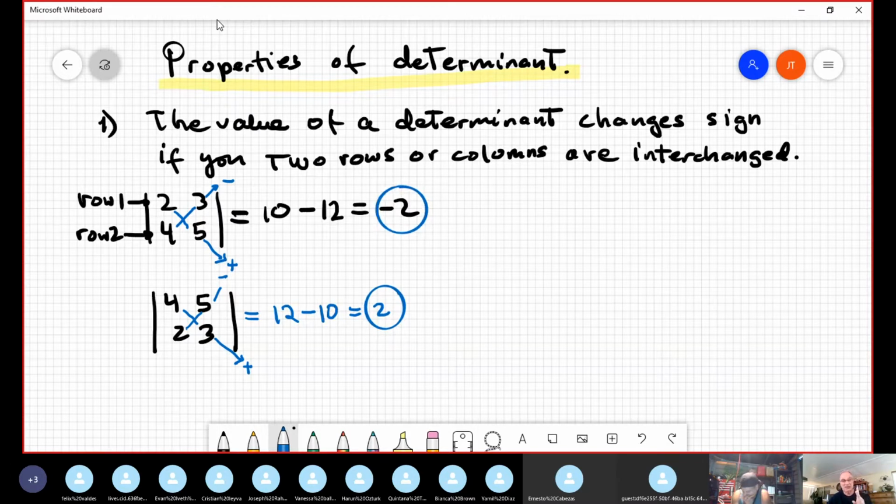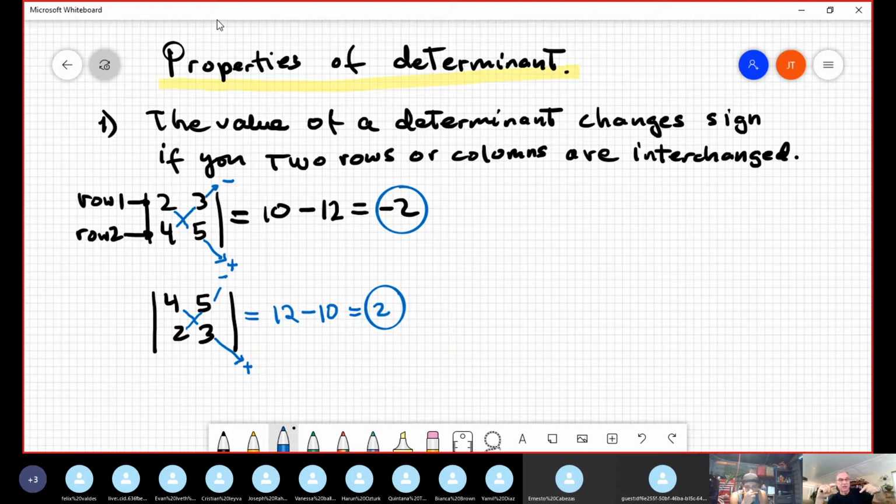When you interchange two rows, doesn't matter if it's the 1 and 2, suppose one super big determinant, que es 25 by 25. It's a huge matrix, huge determinant. And you interchange the row 1 and the row 24.